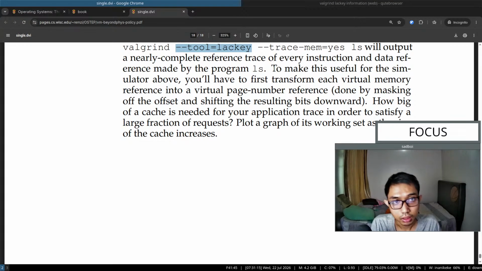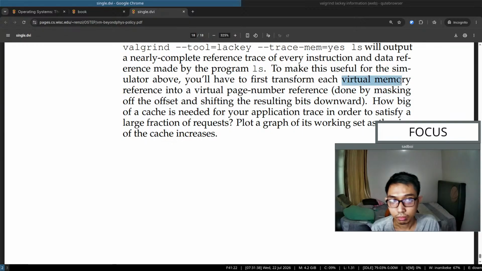To make this useful for the simulator above, you'll have to first transform its virtual memory references into virtual page number references, by masking off the offset and shifting the resulting bits down.